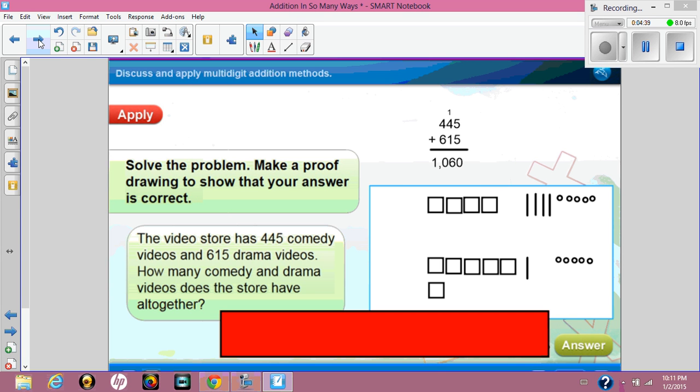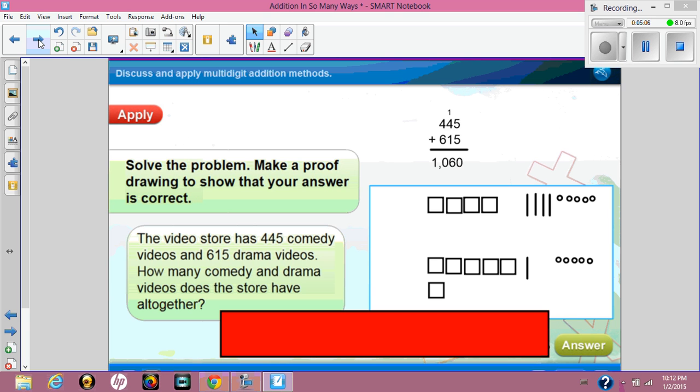So we're going to solve the problem and then use a proof drawing to make sure that we are correct in our answer. Let's now read the word problem and see what we have to do. The video store has 445 comedy videos and 615 drama videos. How many comedy and drama videos does the store have altogether?